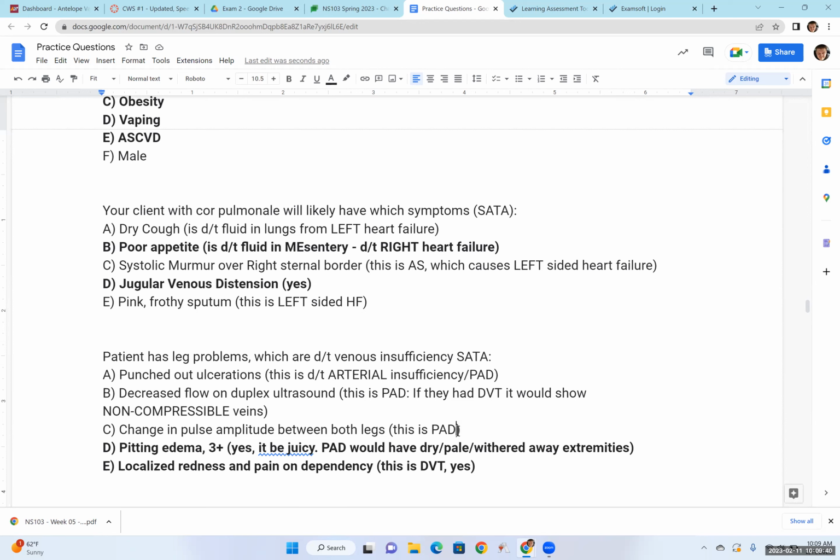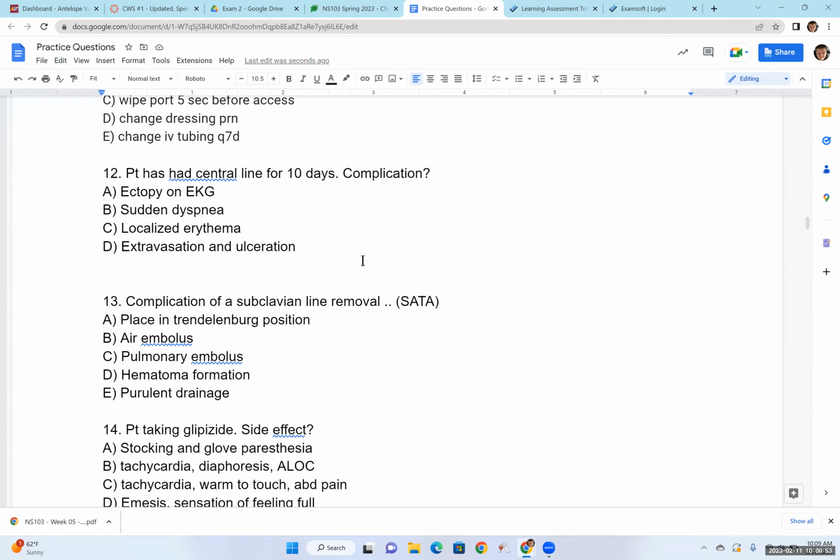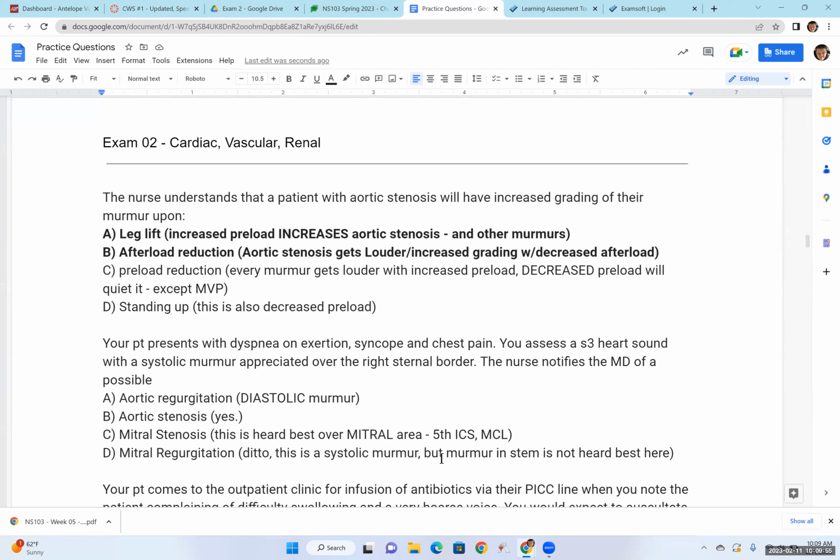They can only ask 75, so I have to write out the breakdown. Will the select all that apply questions say that they're select all that apply? Yeah, that's the plan.